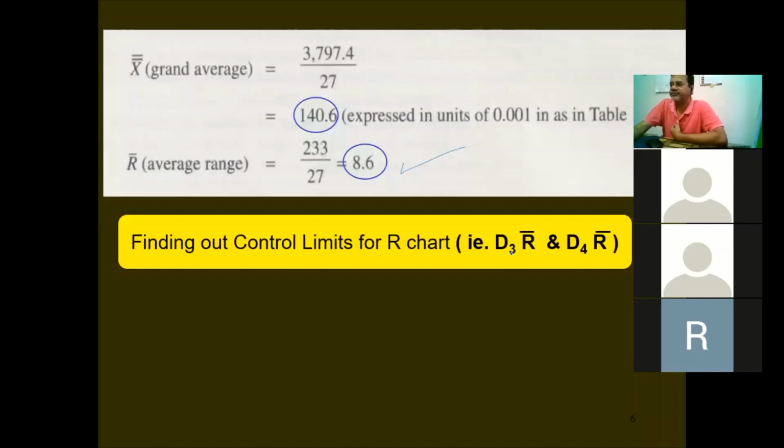Now please find out D3 R bar and D4 R bar. What is the D3 value? D3 is equal to 0, so D3 R bar itself is 0. D4 is equal to 2.114. 2.114 into 8.6, how much? All please do that; you will gain confidence.